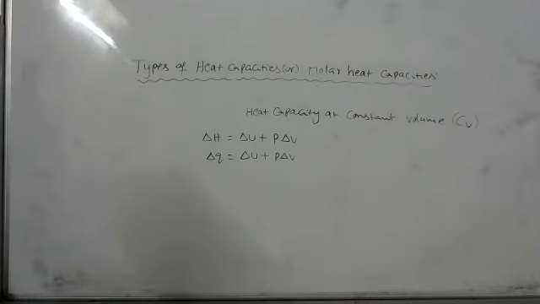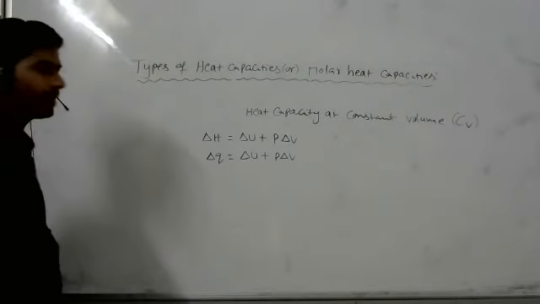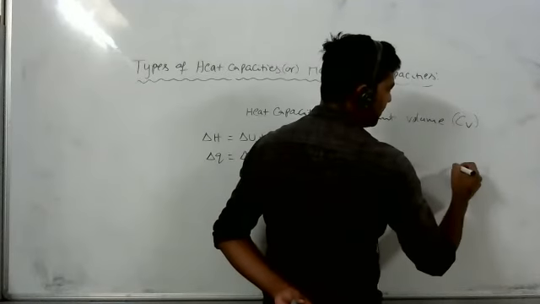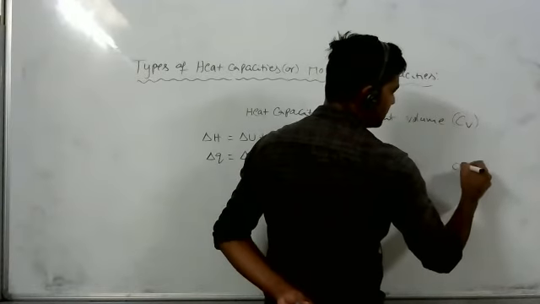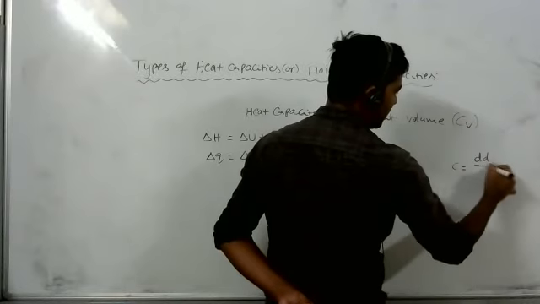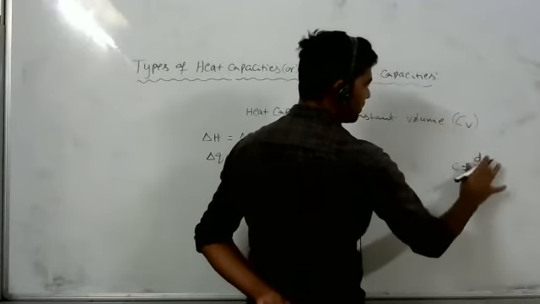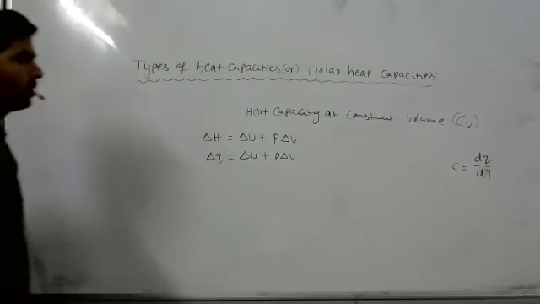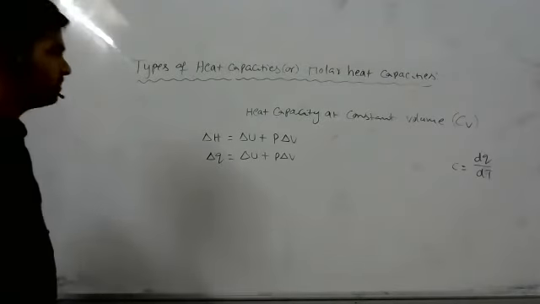See, while giving the definition of heat capacity, I gave you one formula: heat capacity C is equal to dQ by dT. Remember? Sir, will you be integrating this? No, we don't do integration, just differentiation.